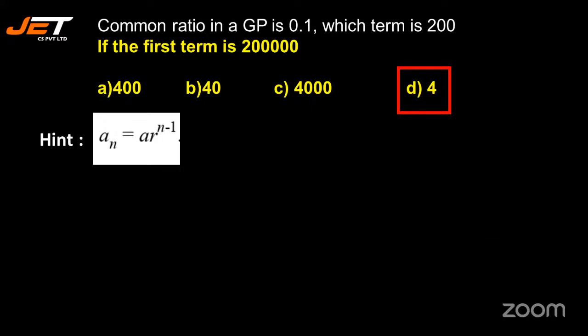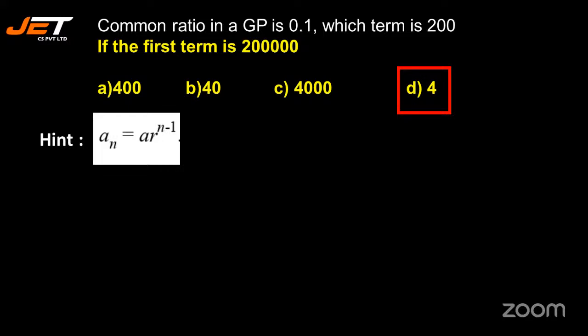So here also you are given a hint that you have to use AN is equal to AR to the power n minus 1 formula. So they're asking us which term is 200, which means n. All right. Yes. So 2 minutes can be given to solve the sum, and like how we got the last sum, even this can be solved in the same way, right?